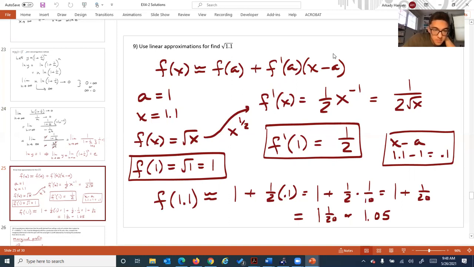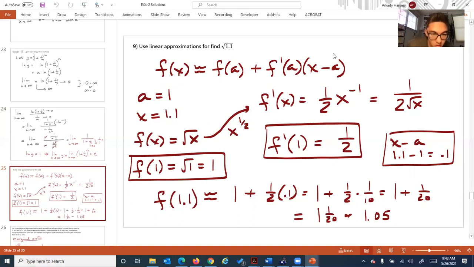Go ahead. I had the same formula set, and I had 1 plus 1/2 times x minus 1. And then I put that into the fraction. I put the x at the top, and then I added the 1 in, so I have 1 plus x over 2.